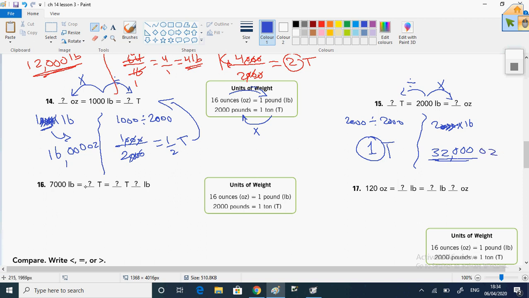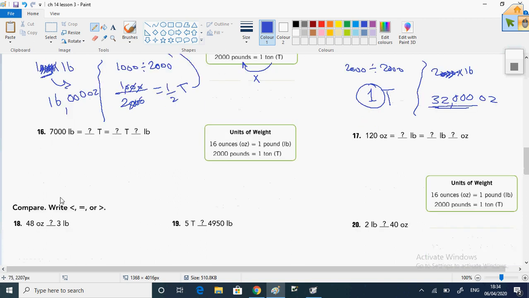Okay? Now look here again. I told you before we can show our answer in two ways. Right? I can get the exact answer, or I can show my answer using what? The remainder. So the 7,000 here lb to ton we have to divide. 7,000 over 2,000 becomes 7 over 2. 7 over 2, it's 3.5 tons.